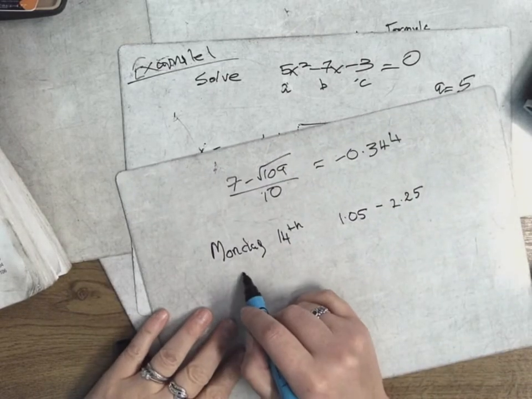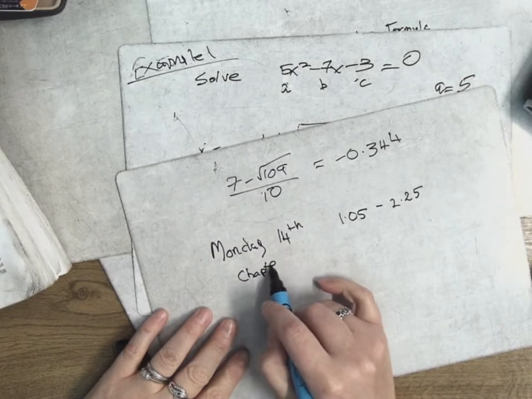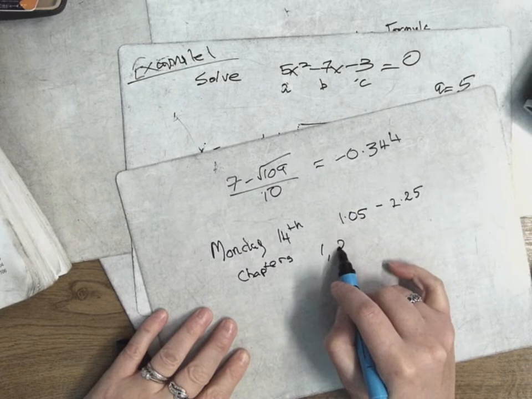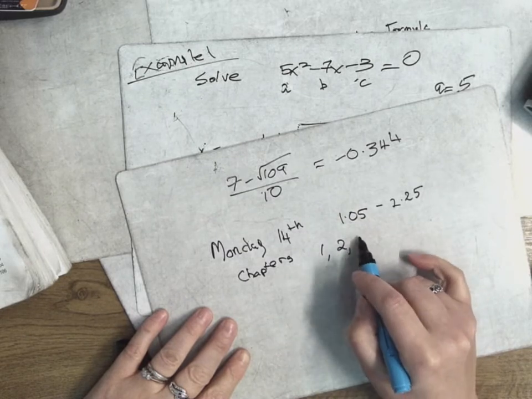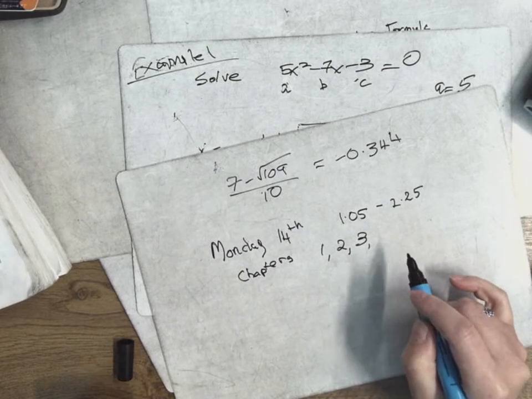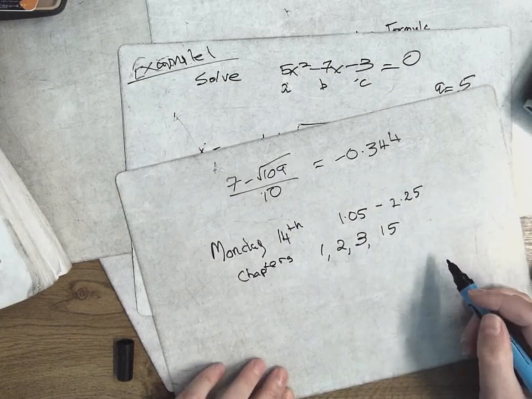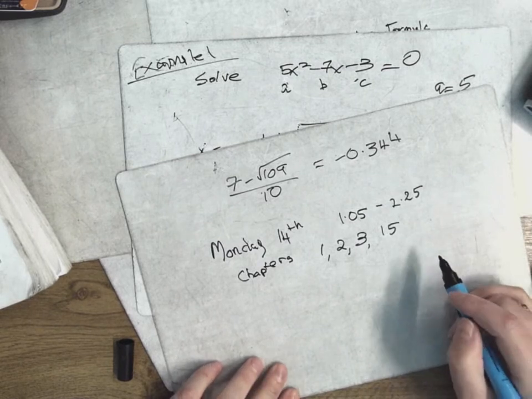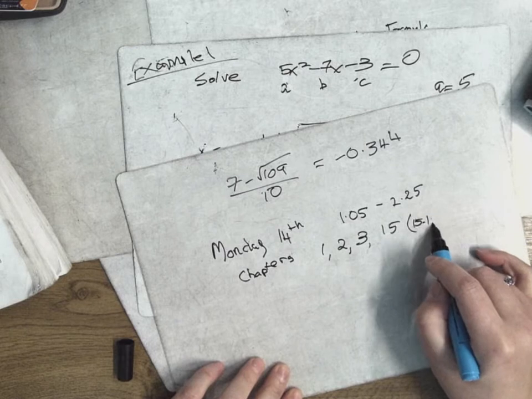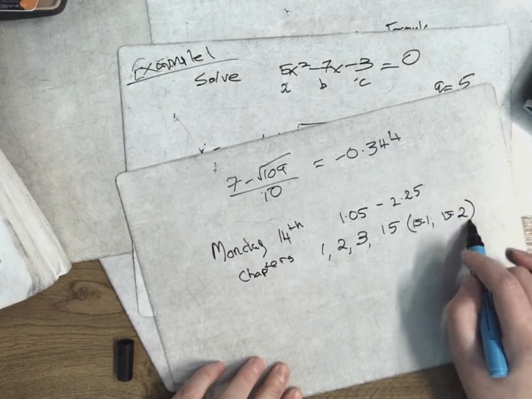And the chapters are Algebra 1, which is chapter 1, Factors, which is chapter 2, Sets, which is chapter 3, and the last one, the chapter we're in now, 15. But it won't be all of 15, it'll be 15.1, 15.2, and that'll be it.